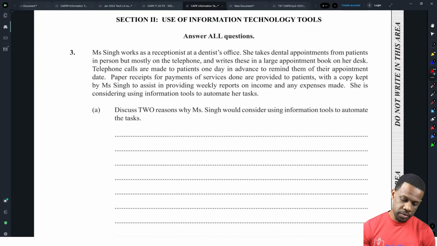She telephones the patient one day in advance to remind them of their appointment. She keeps receipts for payments of services, and provides the patient with a copy, keeping one to assist in providing weekly reports on income and any expenses made. She is considering using information tools to automate her tasks. Discuss 2 reasons why Miss Singh would consider using information tools to automate the task.